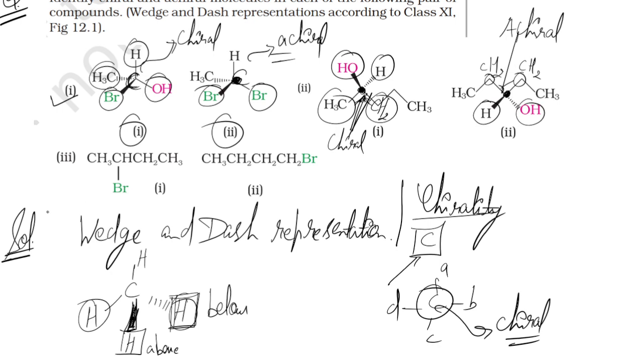Now let's see the third one. This is the carbon we need to understand. It is attached to the bromine and the hydrogen.